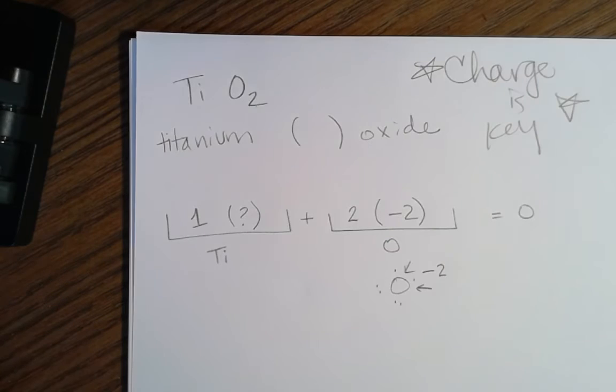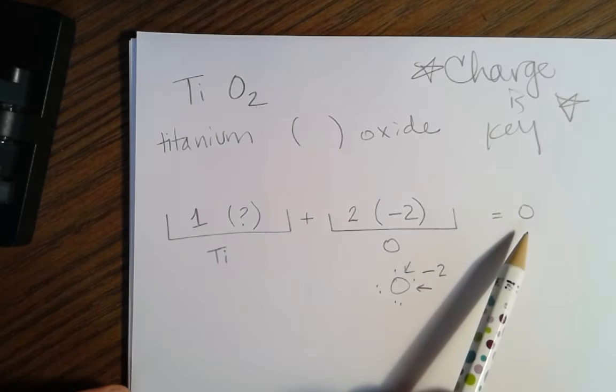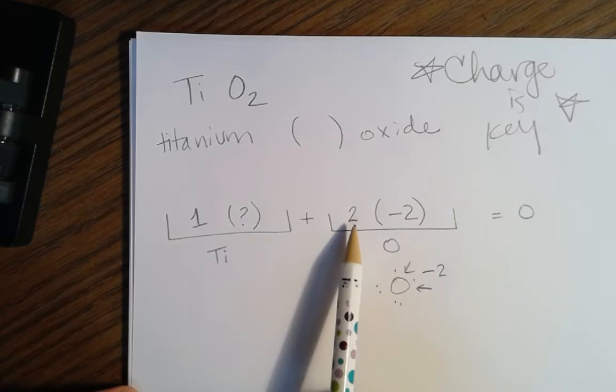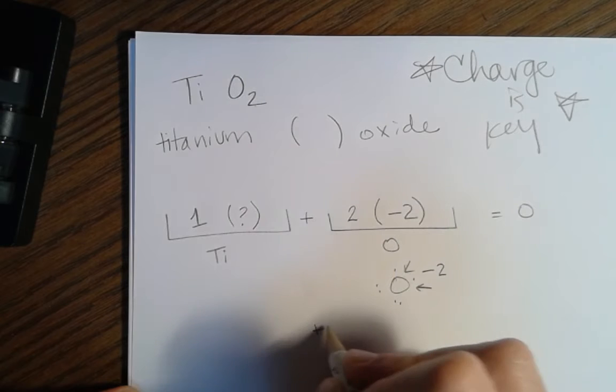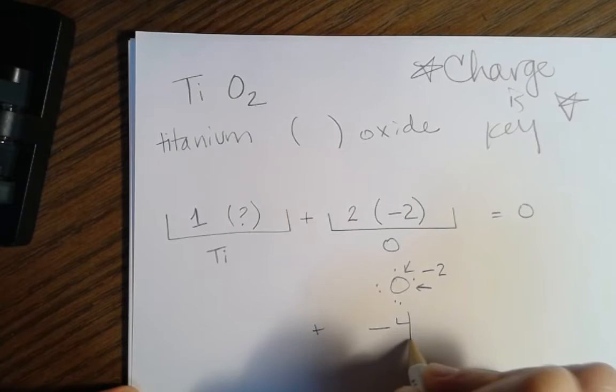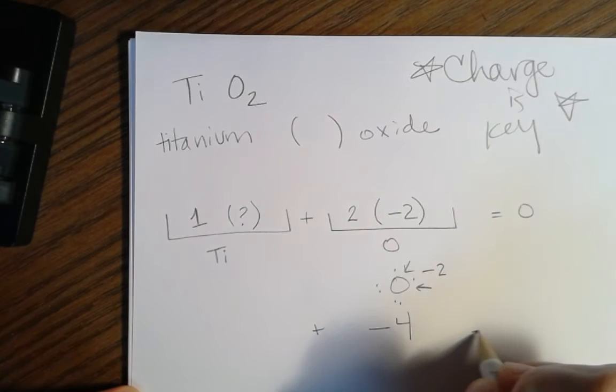We want that to be neutral. We want that to equal 0. We've got 2 oxides, each with a charge of -2. We've got -4 from our oxides. We know that to have a neutral compound, something -4 equals 0.